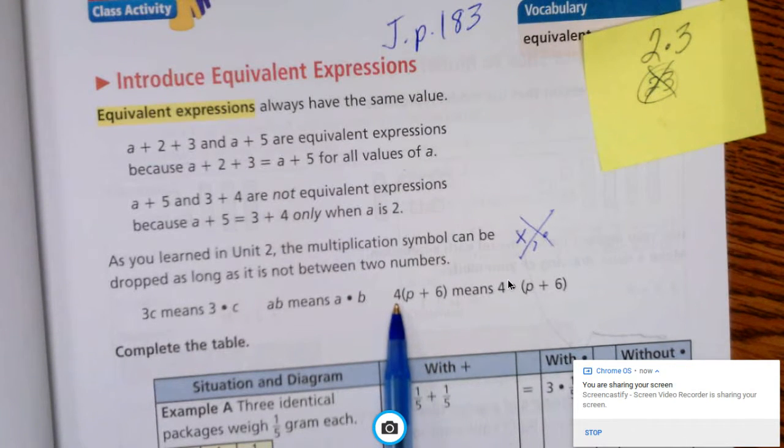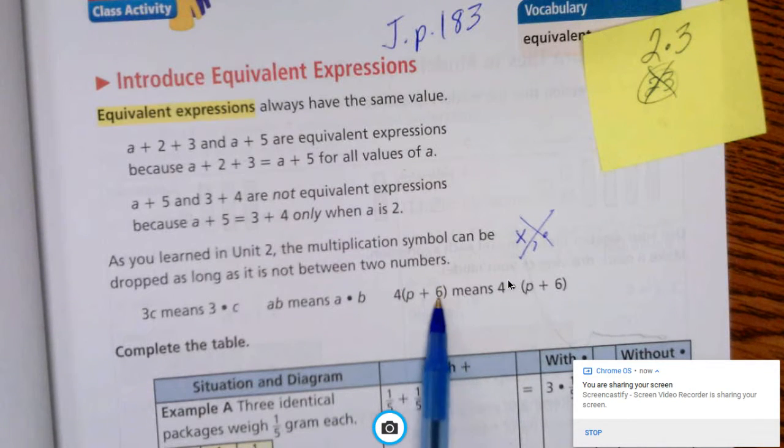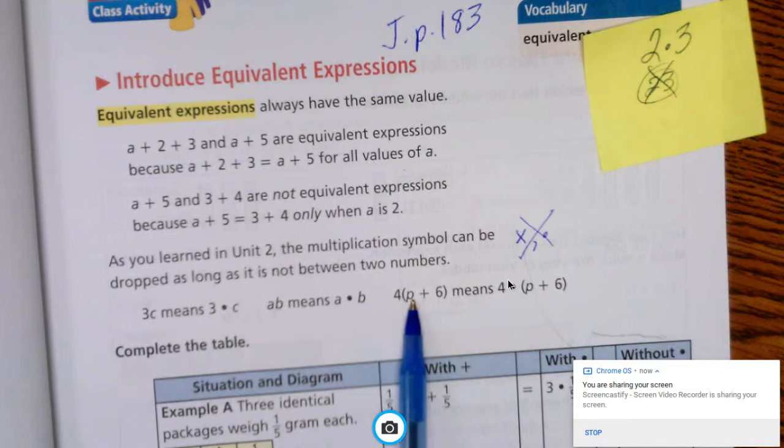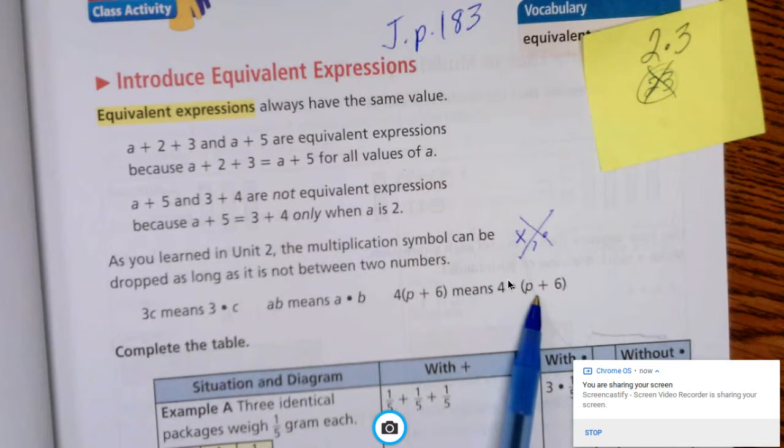We could also see a number like this, 4, right next to a problem in parentheses, and it tells you to multiply it. So you can just put that number or value right next to the operation in the parentheses, and it means to multiply it.